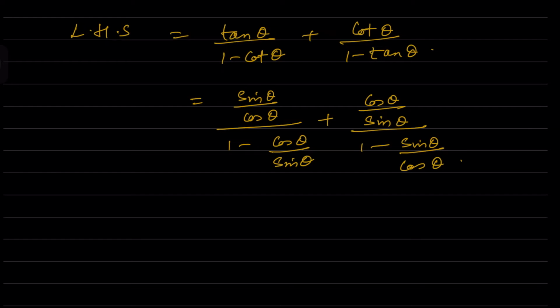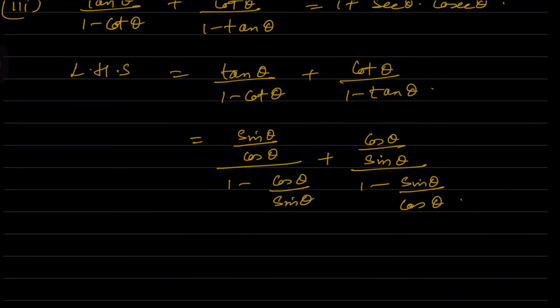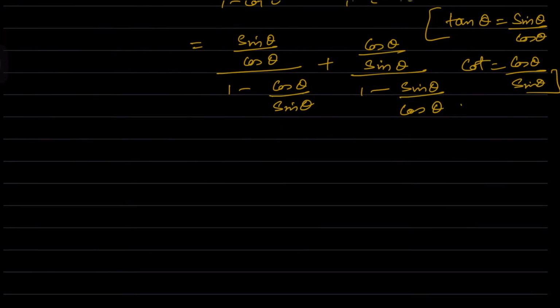So now if you are taking the LCM, here I am just writing tan theta is equal to sin theta by cos theta, and cot theta is equal to cos theta by sin theta. So taking this, we are doing this now.